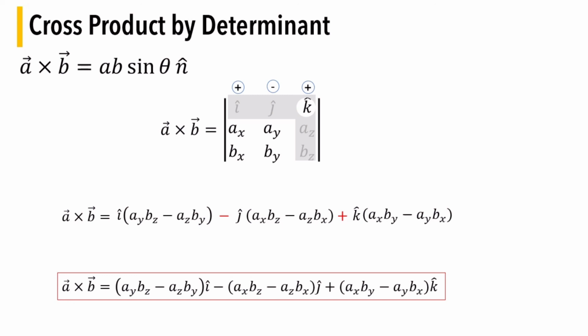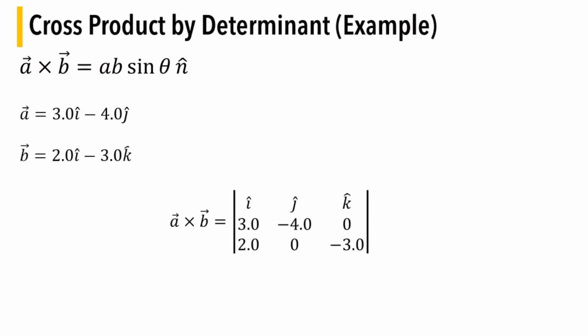Okay, now let's do an example. In this example we have the same vectors as we had in the previous example of a dot b. We're using the same two vectors for finding the cross product by the determinant method.